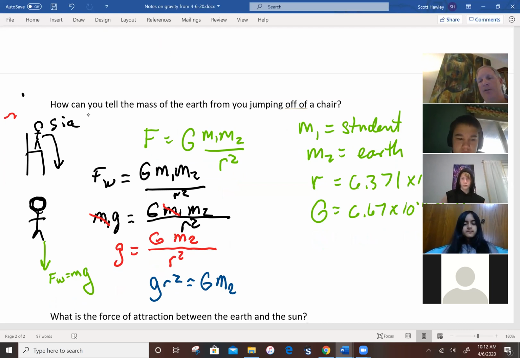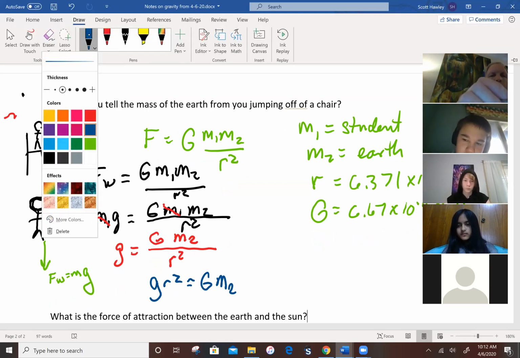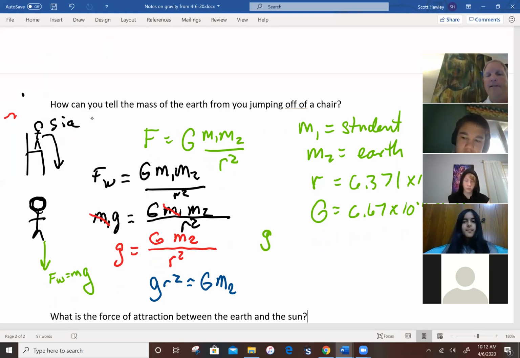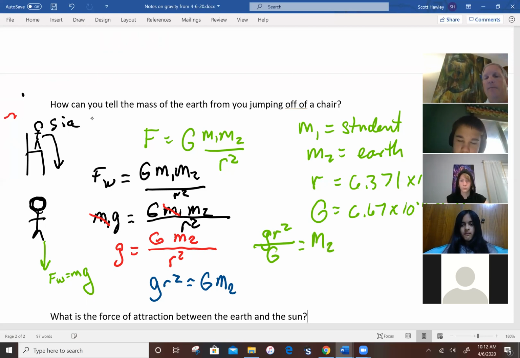Okay, I want to get mass 2 by itself. So what do I do now? Do I multiply or divide, everybody? Divide it. Yeah, you're going to divide. So watch this. g, which is 9.8, times the radius of the Earth squared, divided by big G, is equal to the mass of the Earth.